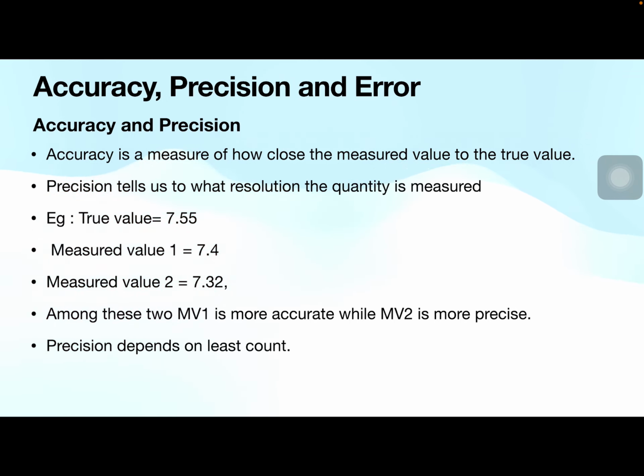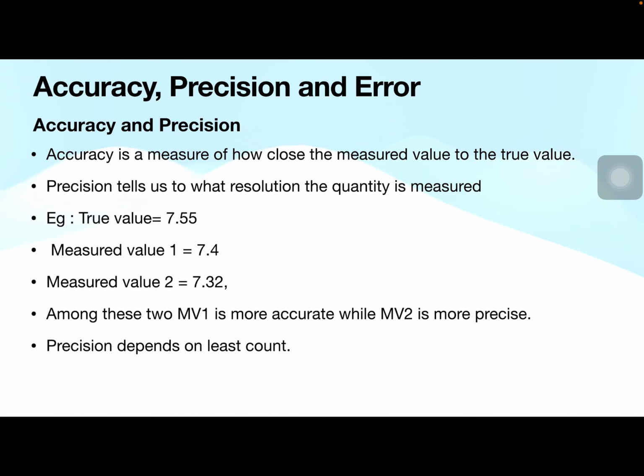When we measure this with some scale or other instrument, I get a value of 74.2, and one of my friends who did the same experiment with the same measuring instrument got the value 75.2.